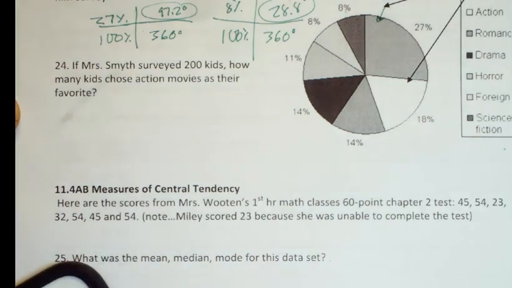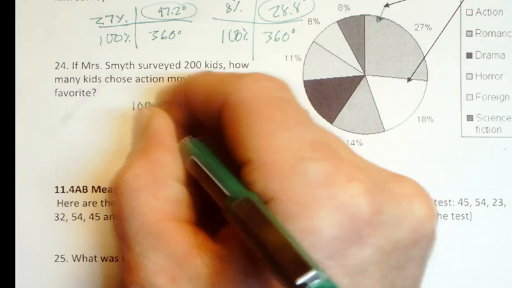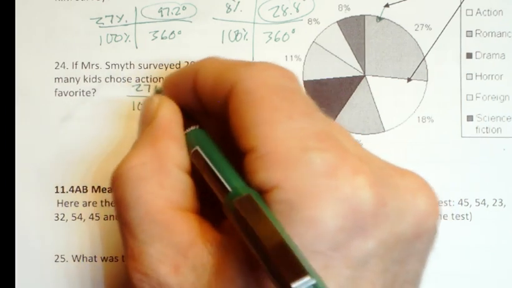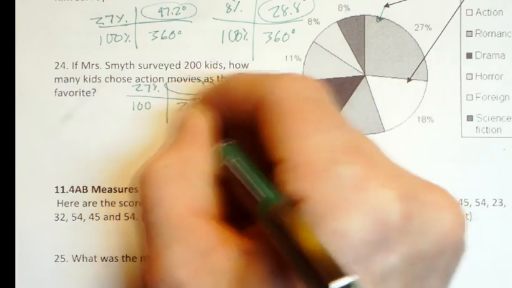If Mrs. Smythe surveyed 200 kids, how many kids chose action movies as their favorite? Well, there's a couple of ways you can do this. First of all, we can just box it up: 27% out of 100 is like how many kids out of 200?